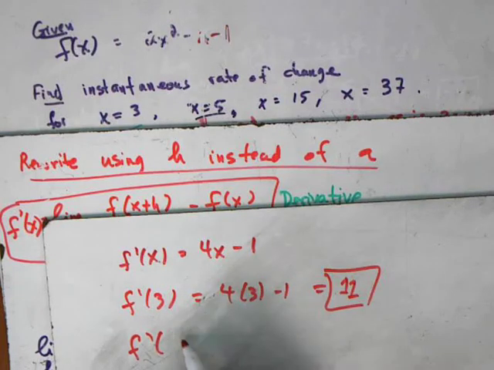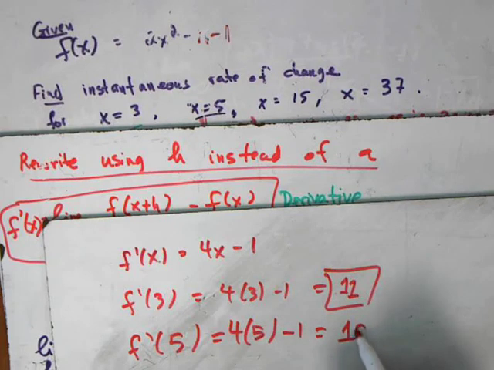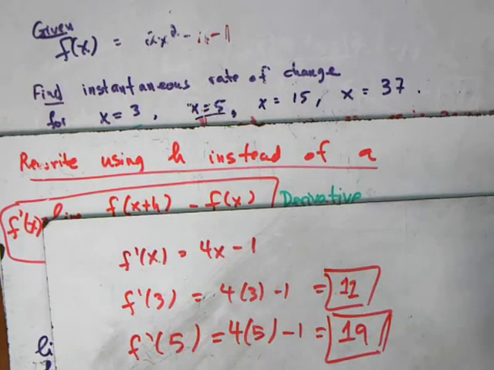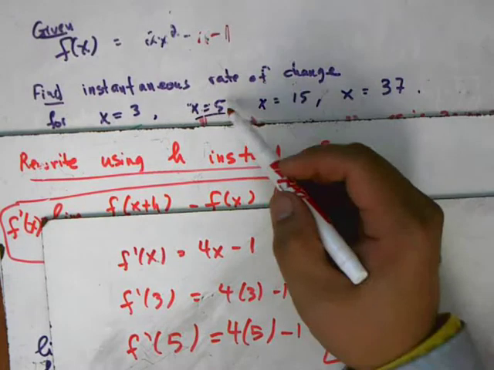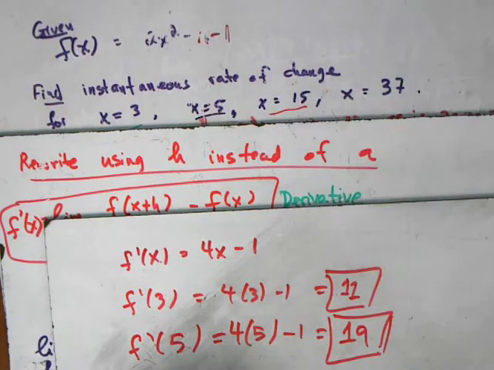F prime of 5 is 4x, or 4 times 5 in this case, minus 1, which is 19, which is the exact same value that we got last time when we used this. And now we don't have to use the limit definition for this point anymore. We can just use f prime of 15.